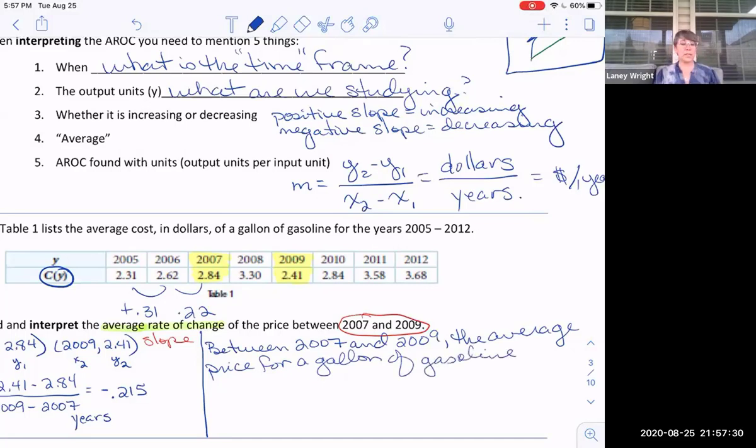Okay, so there's the second thing. What was our output? What are we studying? Decreased. Okay, so that was real quick, right? Oops, that was number 3 already. One word, decreased. And average, there's number 4.